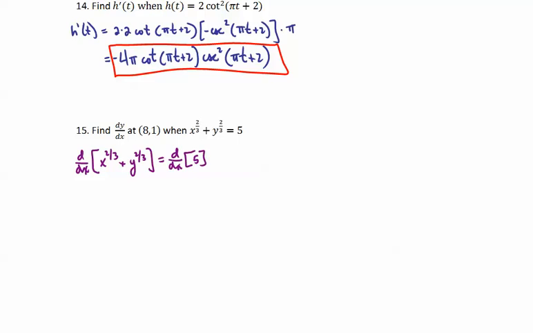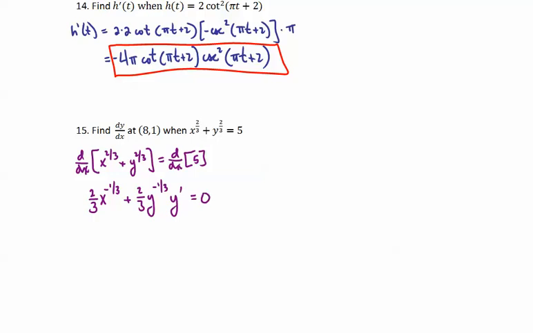Now, again, we're looking for this at the point 8, 1, so we don't have to do all the simplifying here. We can plug in and get our value much sooner. So, derivative of x to the 2/3 is 2/3 x to the negative 1/3. Derivative of y to the 2/3 is 2/3 y to the negative 1/3 times y prime, and that's all equal to 0.